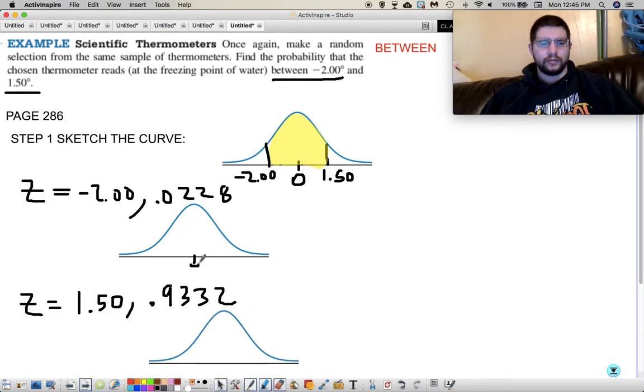So here's the negative 2. Right now, we have this area. Let's do 1 minus that number.